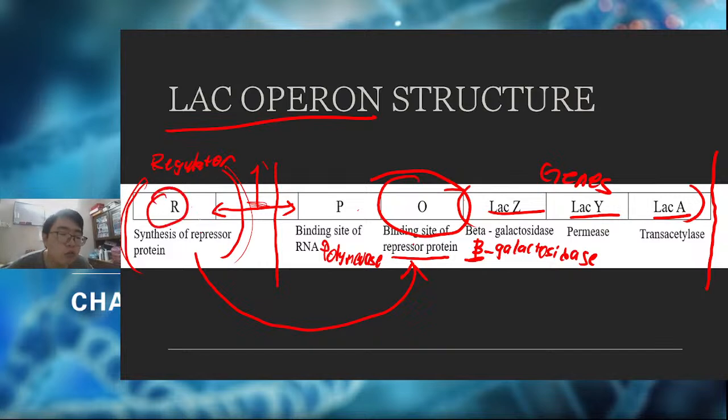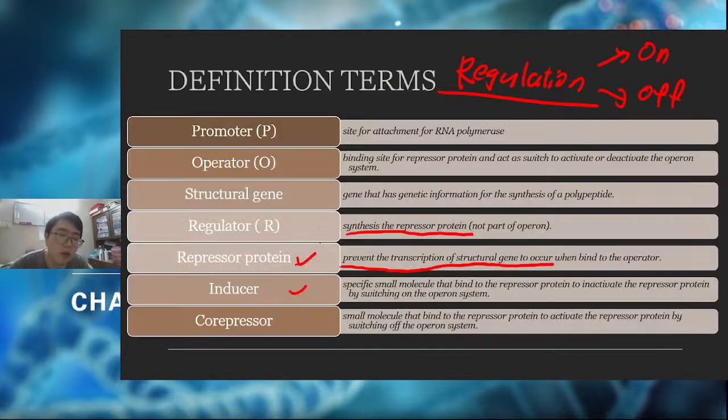So how do we prevent the repressor protein from binding to the operator so that transcription can run as normal? There is one molecule called the inducer. It binds to the repressor protein so that the repressor protein cannot bind to the operator, and then transcription will run as normal.